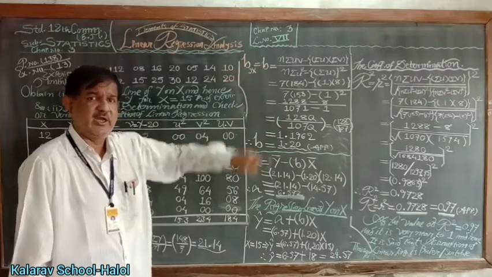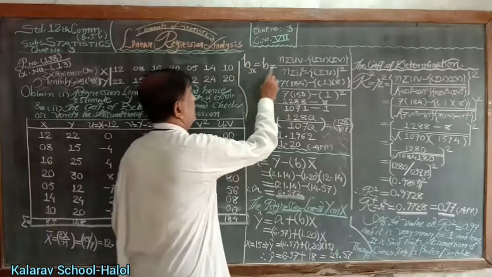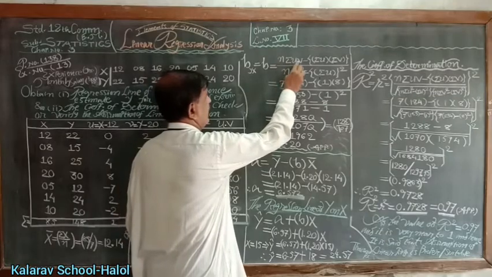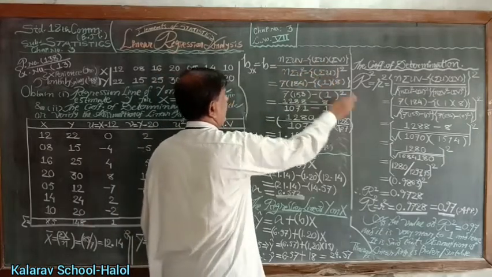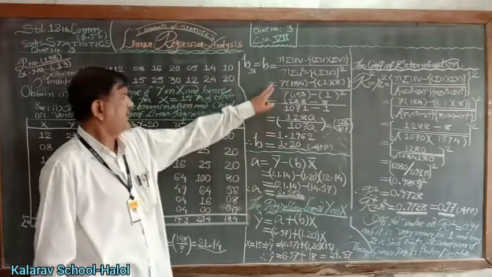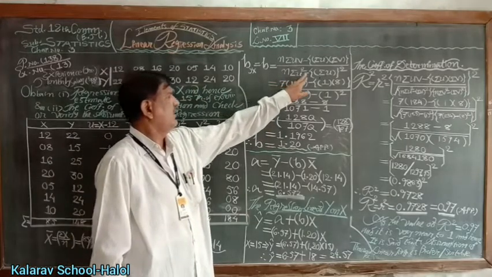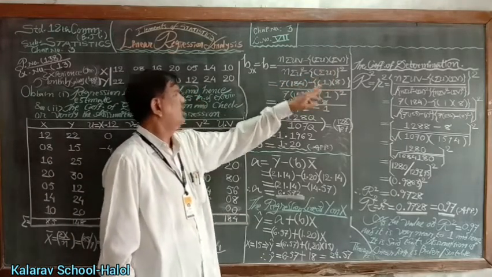Y on x, right? n times sigma uv minus sigma u into sigma v, upon n times sigma u square minus sigma u whole square, right?